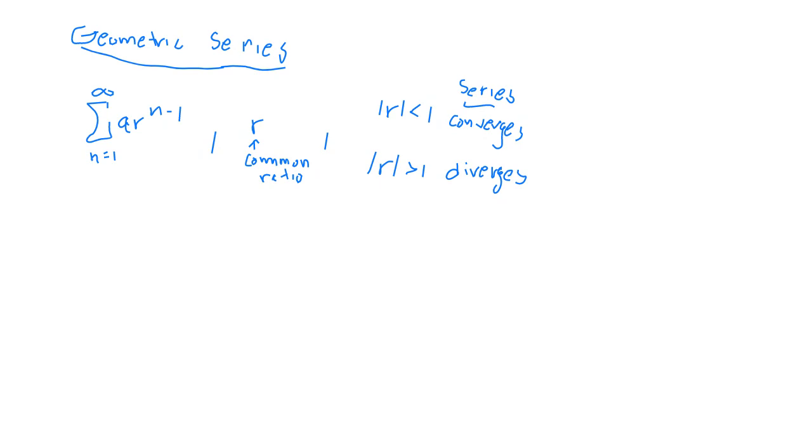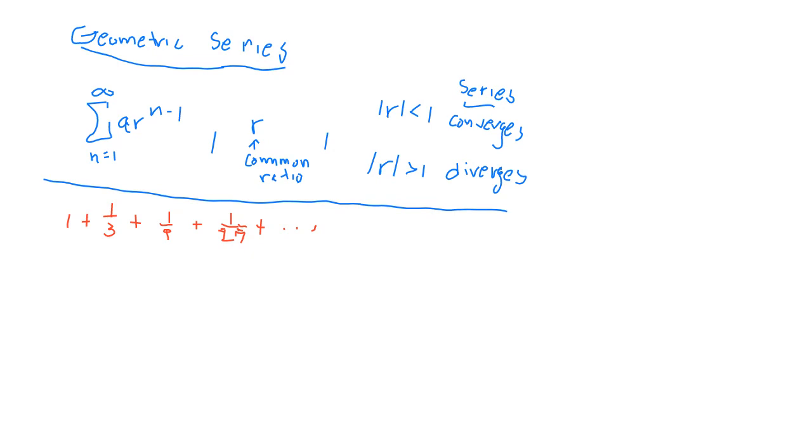So let's look at this sum. We'll go back to the problem at hand, but let's look at this sum. The sum that we have is 1 plus a third plus a ninth plus a 27th and so forth.